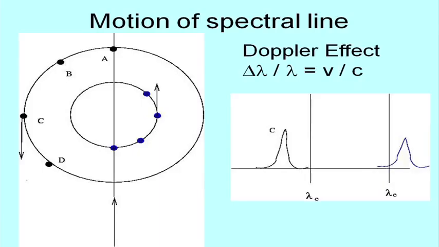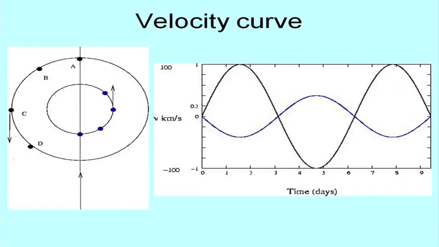You will notice that the spectral lines shift, and if you can see spectral lines from both the objects, you can determine the velocity curve of the two objects. Here we have considered an observer who is in the plane of the orbit. So, the inclination angle is 90 degrees.